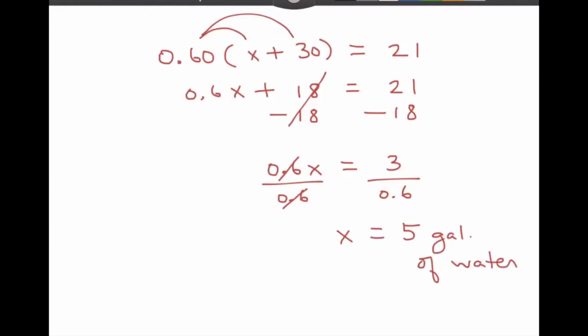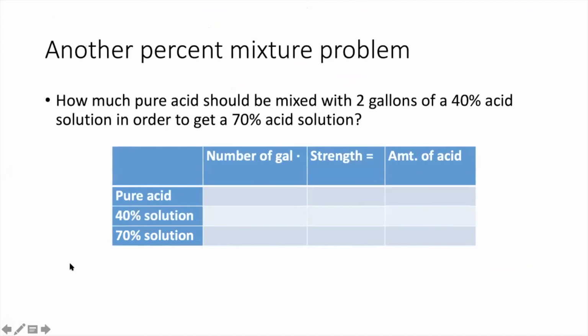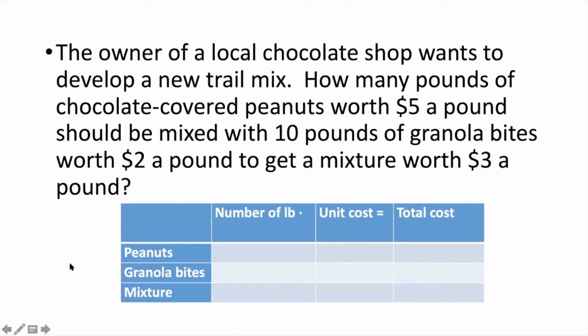All right. So I think that takes us to the last example. The last example is a little bit different. These were all percent mixture problems. This last example is what's called a value mixture problem. So the example I have looks like this.